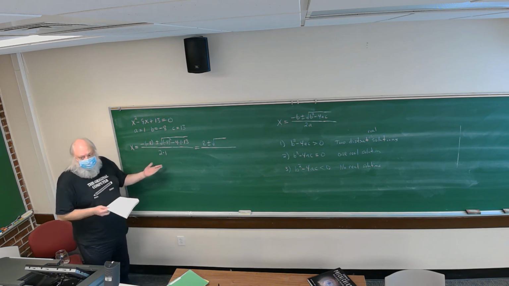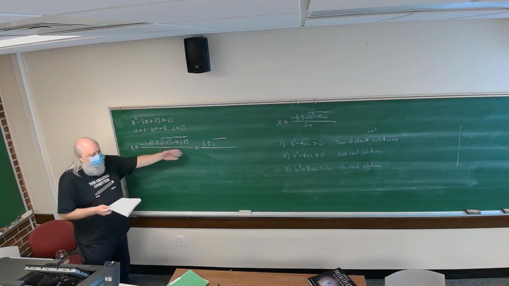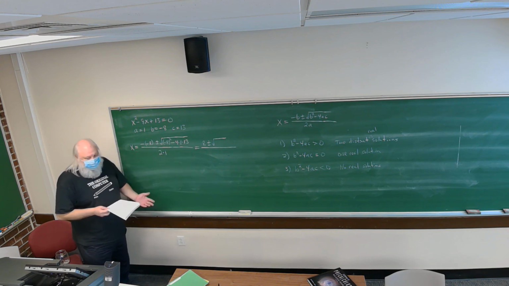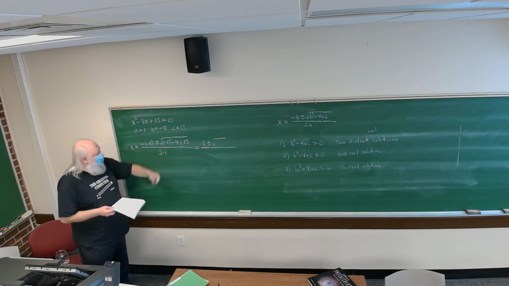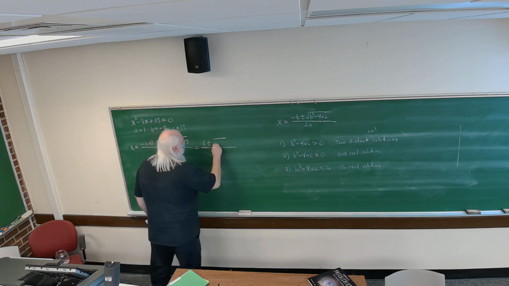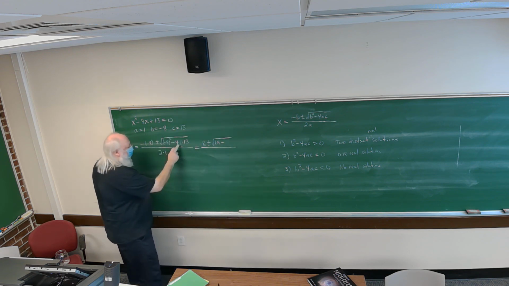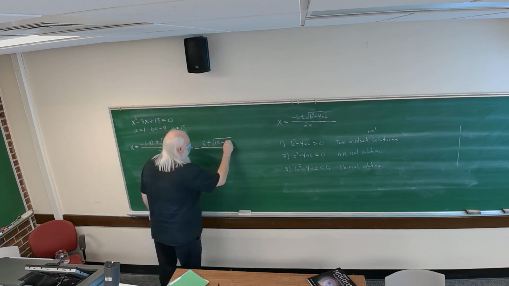And the discriminant, minus 8 squared is... Now this is PEMDAS, right? You all know PEMDAS, right? Exponentiation, then multiplication, then the subtraction. So minus 8 squared is 64. And then when we do the multiplication, 4 times 1 times 13 is 52.